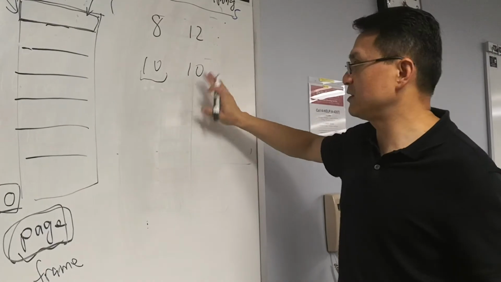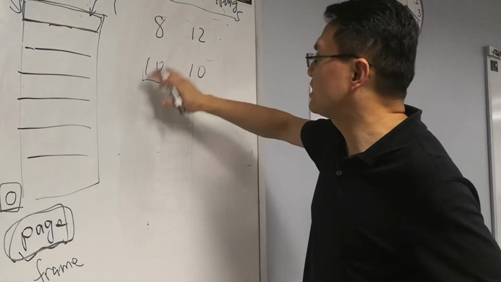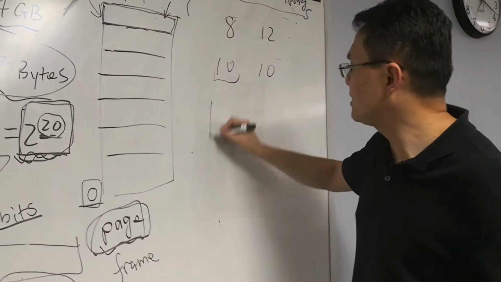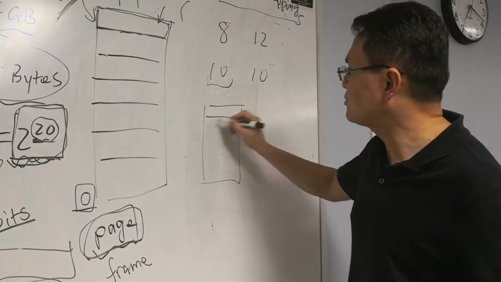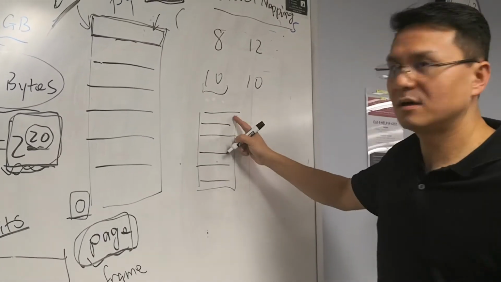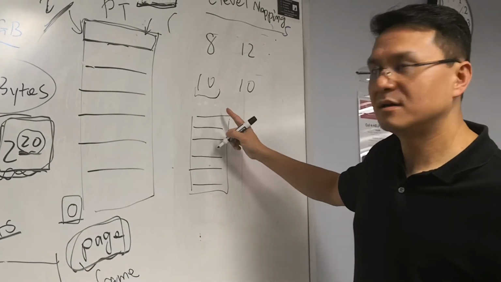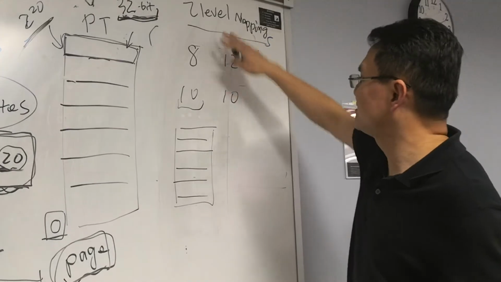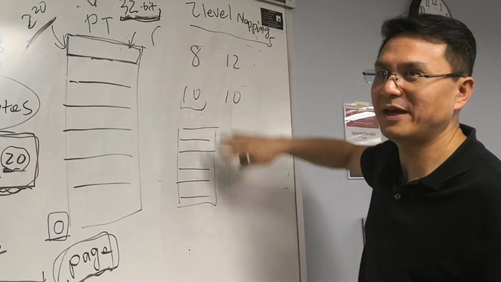Say we have this 1010 setup. This means you have how many entries in the first level? Okay, so this is two-level mapping for the page table.